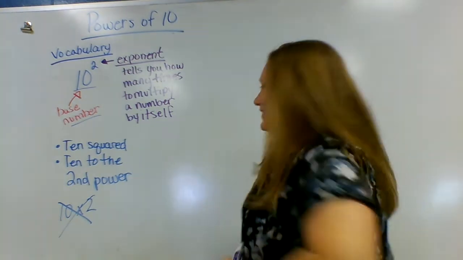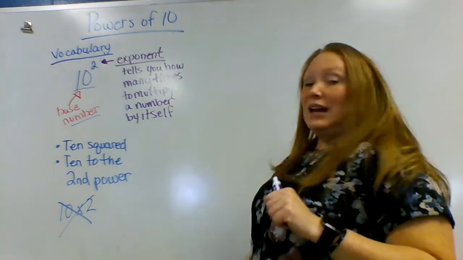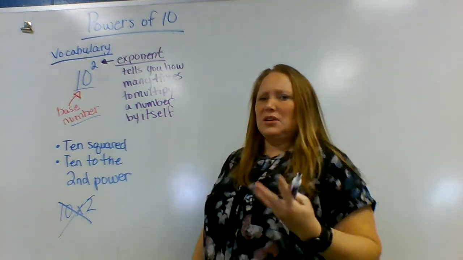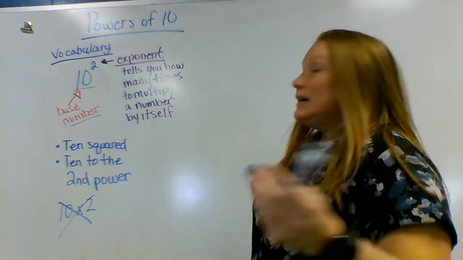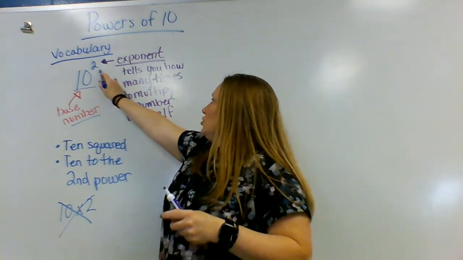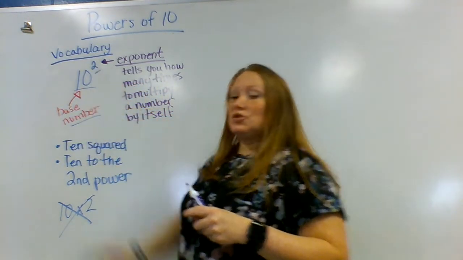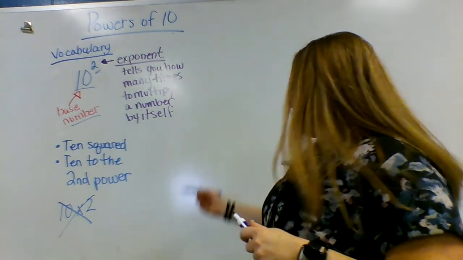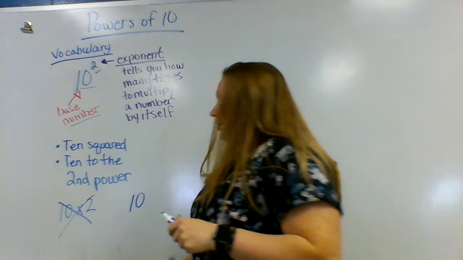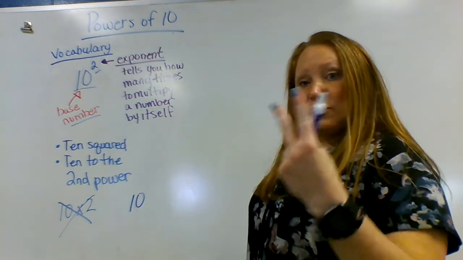Okay, and we're back. So 10 squared, or 10 to the second power. You're like, Ms. Harden, what does that mean? Well, the exponent tells you how many times to multiply the number times itself. So you have 10, and you want to multiply it times itself 2 times.